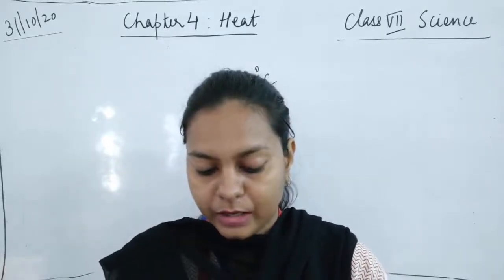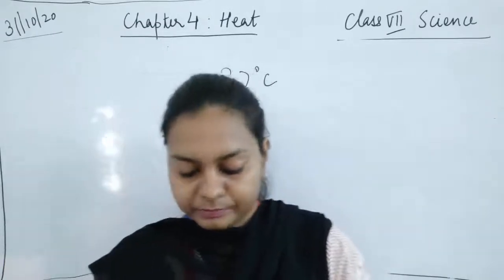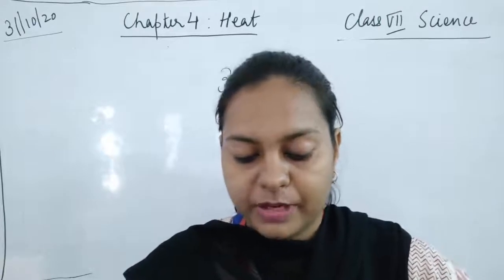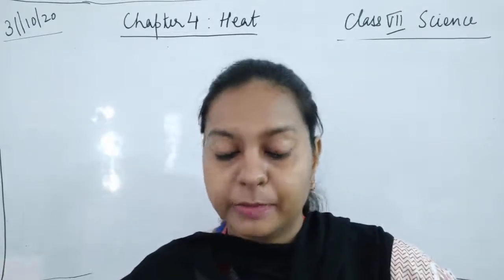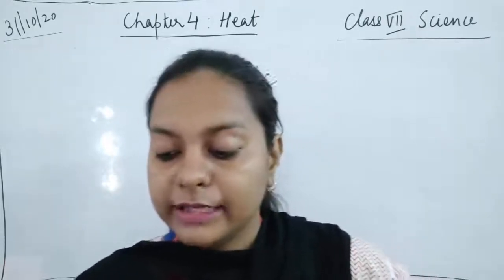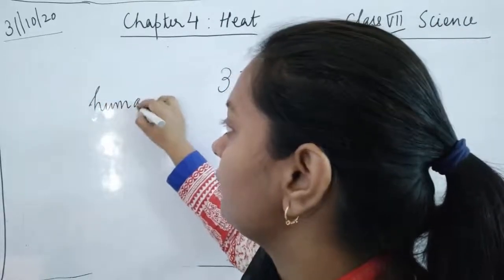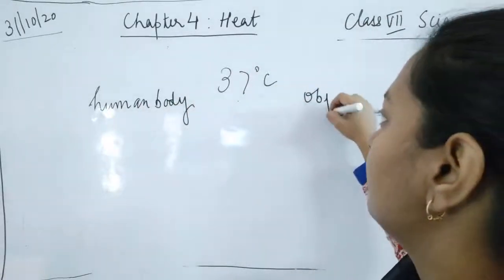Now, Bujo got a naughty idea. He wanted to measure the temperature of hot milk using the clinical thermometer, but Paheli stopped him from doing so. Why? There is a difference between measuring the temperature of the human body and measuring the temperature of any object.